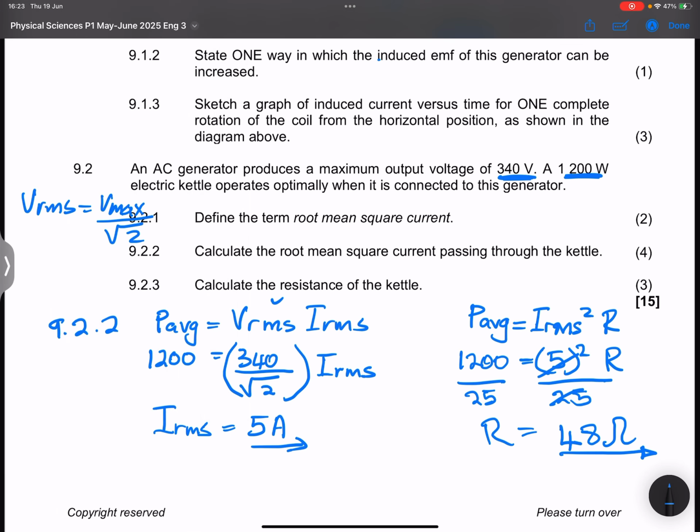Of course, you could have also done this by using VRMS squared over R. But you know what VRMS would have been in this case? That's Vmax over root 2. But ultimately we are back to this. R is 48 ohms, and that's how the cookie crumbles. That's 15 marks. And that leaves now the last question, which we will do in our next video.